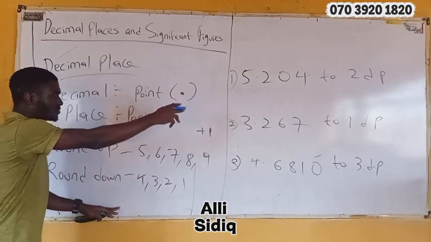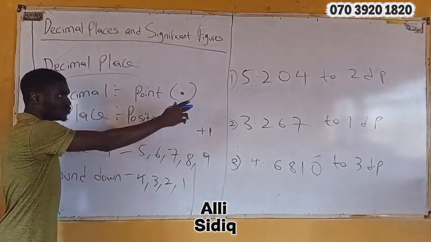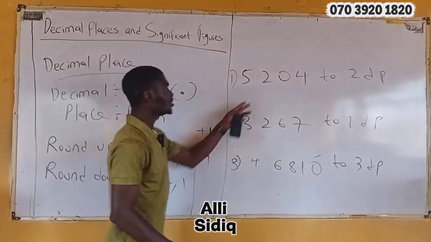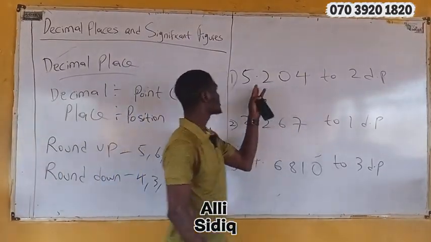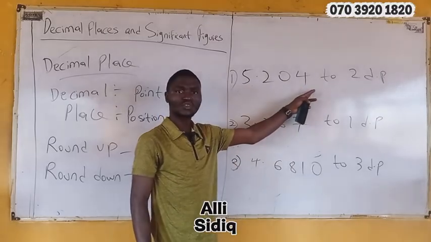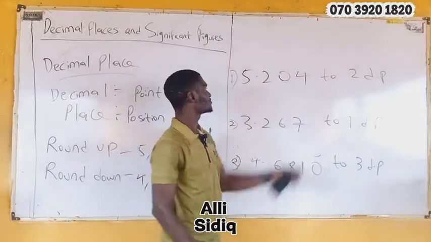For example, let me use what I explained here. This question says I should take this number 1 to 2 decimal places.